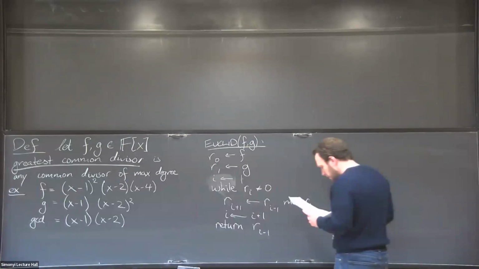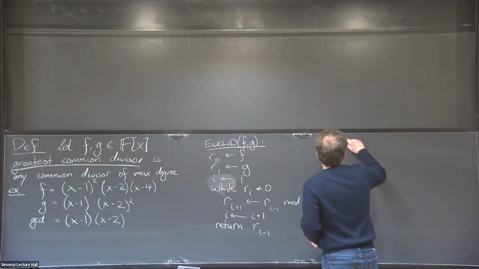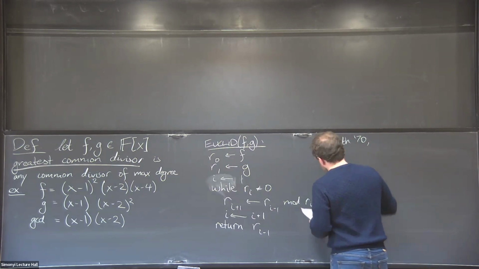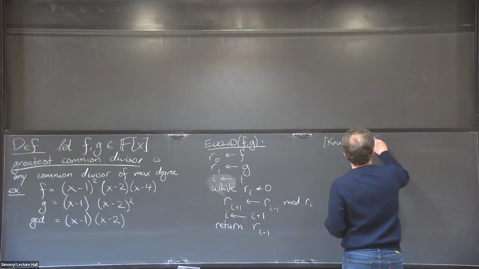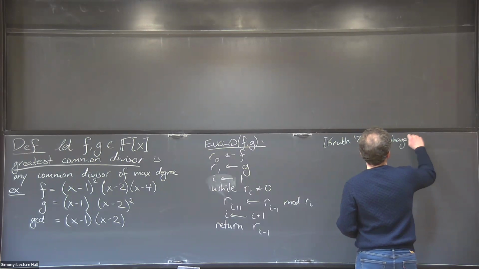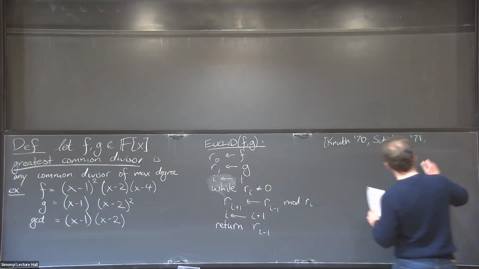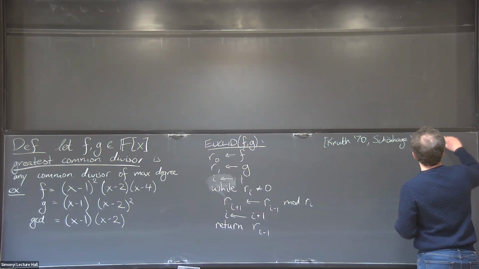So it turns out you can actually do much faster. This was first observed, I think, by Knuth, then improved by Schönhage. Both are doing this for integers, and then subsequent work by Moenck extended this to polynomials.